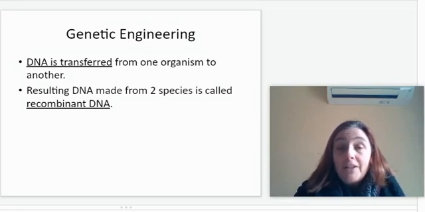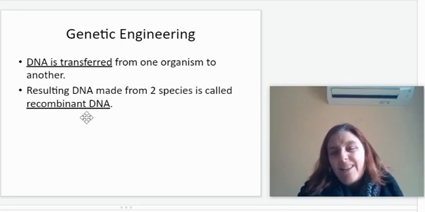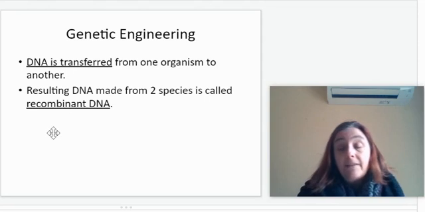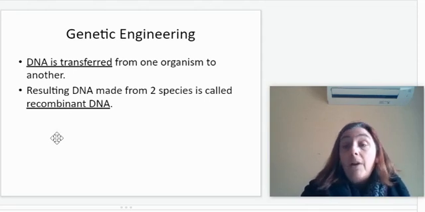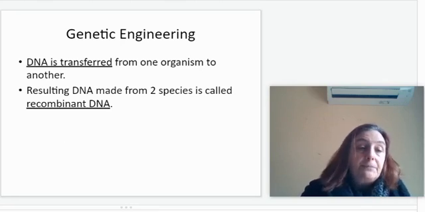When you do change the DNA, the new combination of DNA from two different species is called recombinant DNA. That's a fancy way to say the DNA has been recombined in a new way. You have some DNA from one organism and some DNA from the other. In this case, you have some from the coral and some from the zebrafish together. And once it's together, it's called recombinant DNA.